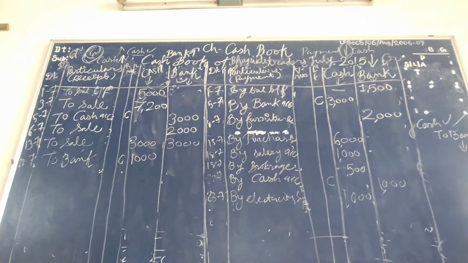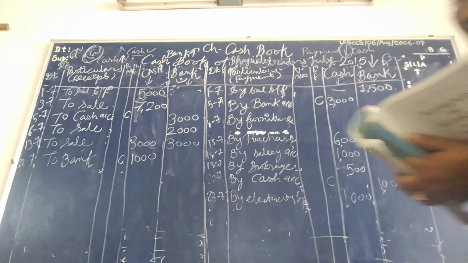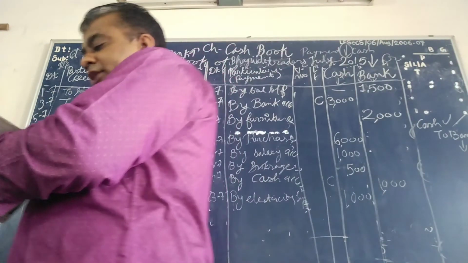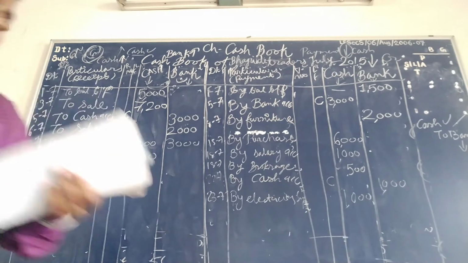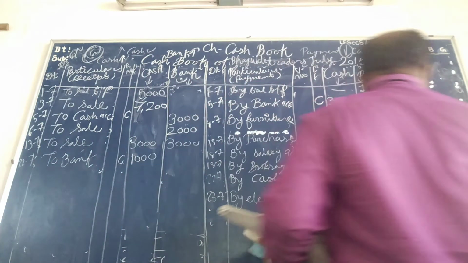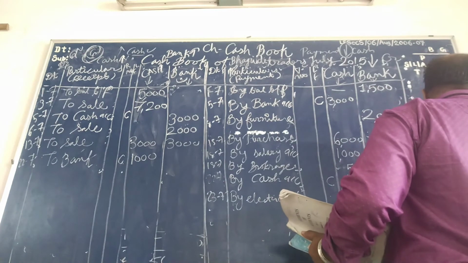Now 24th of July, goods of 1400 sold to Smith, for which he issued a check of the necessary amount, which is immediately deposited in the bank. We sold goods to Smith, and he gives a check of rupees 1400, which is immediately deposited in the bank. So bank to sales. The journal entry will be passed as bank to sales.